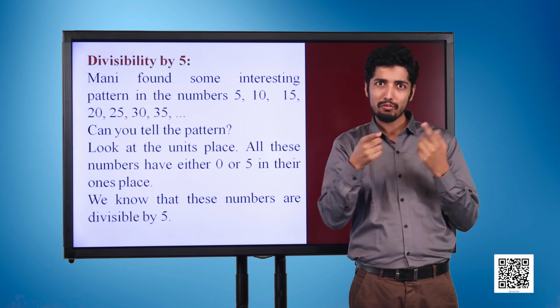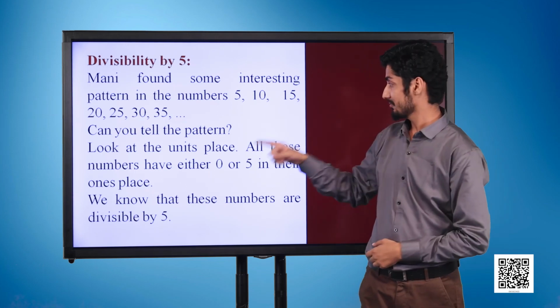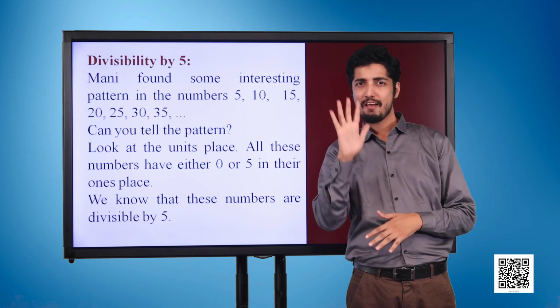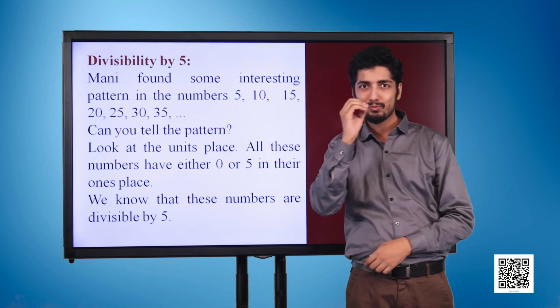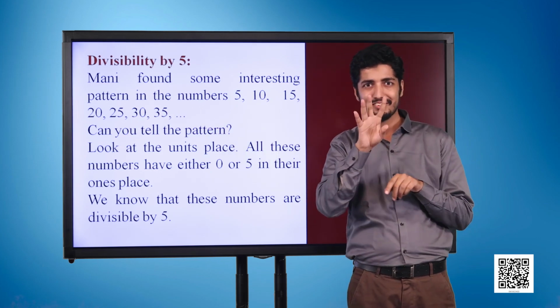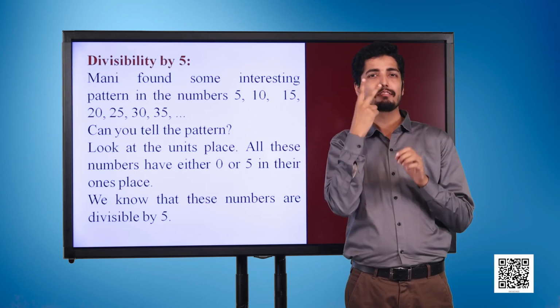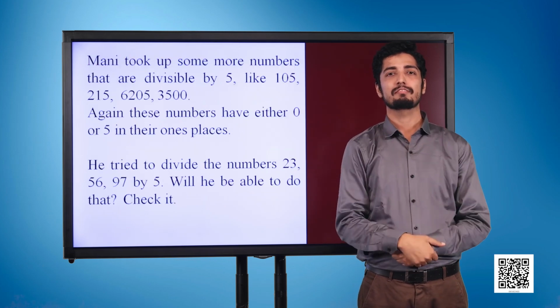Look at the units place. All these numbers have either 0 or 5 in their ones place. We know that these numbers are divisible by 5.